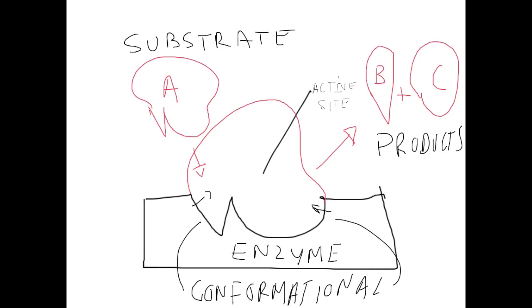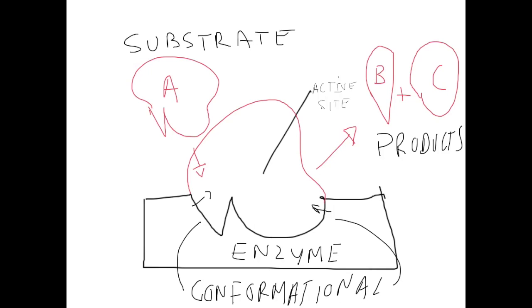It might be two substrates and one product, it might be one substrate and two products, or it might be any combination that that particular reaction needs. So I hope that's very clear. Once the substrate binds, we call this the substrate enzyme complex, and then during the reaction, we call it the substrate product complex, and then we have our products.